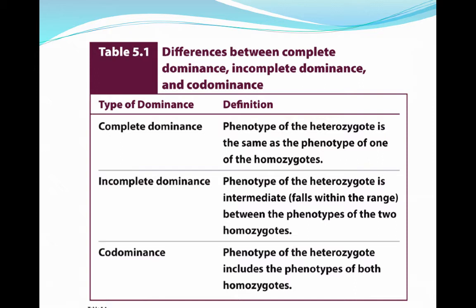Incomplete dominance is where the heterozygote phenotype is intermediate, so it falls within a range between the two phenotypes that are expected. And then codominance, we spent a little bit of time on in Chapter 3, but are really going to look more deeply at it in Chapter 5. And that's where the phenotype of the heterozygote includes both the phenotypes of the homozygotes.